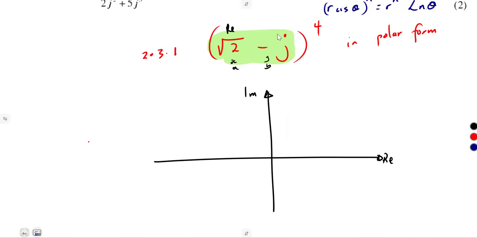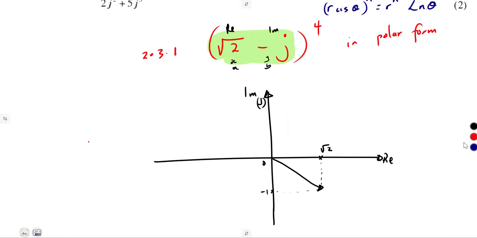So that's positive square root of 2 on the right side. Then the imaginary is negative, so let us say we've got minus 1, which is the part of our j. These two are going to meet here. So this is how it is going to look.